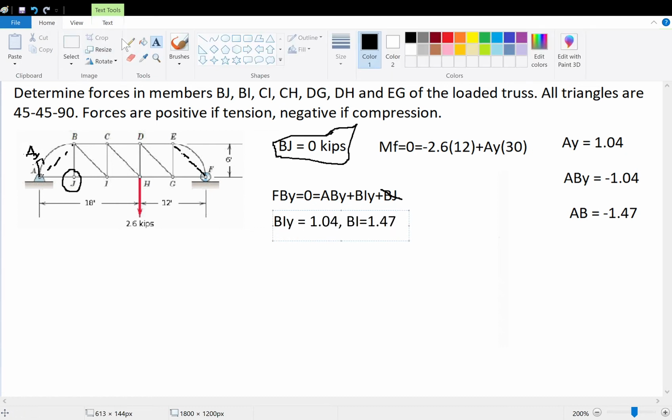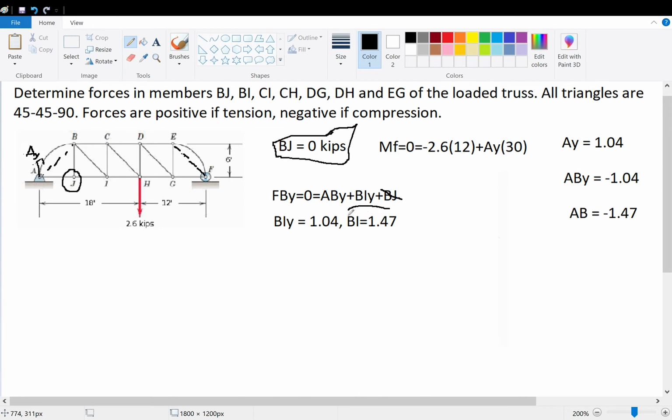So that is the first of the rest of the members that you're going to have to get. So now you've got BJ, and now you've got BI. Then you'll move on to the next joint, joint I, because you follow the BI member to the next joint, and you'll do another net force equation, basically a repetition.